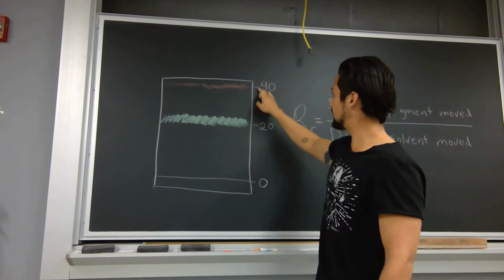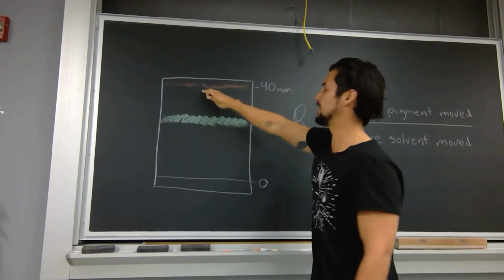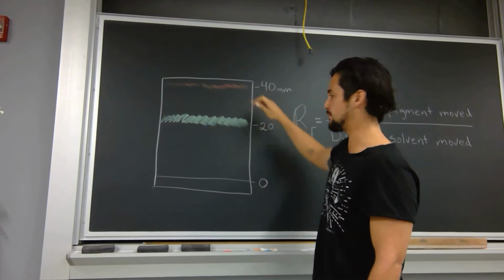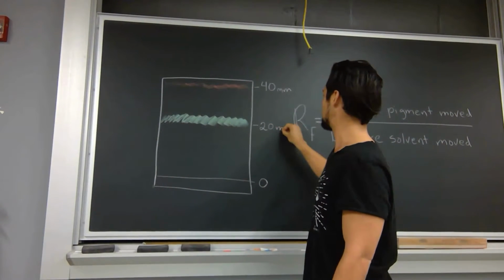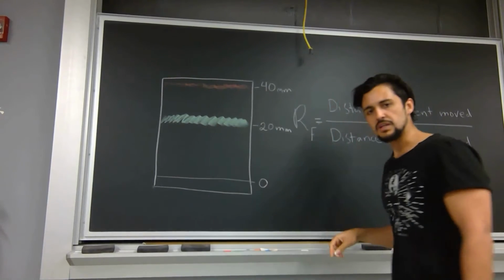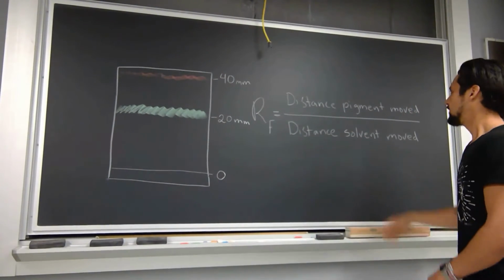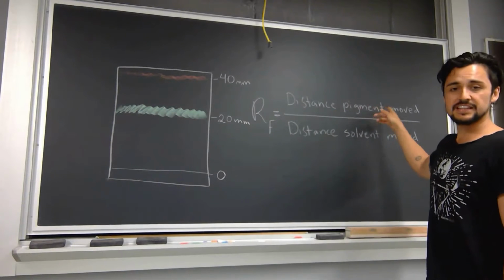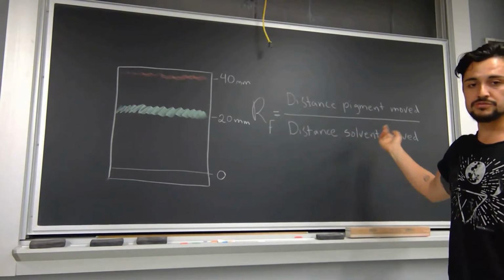In this example, I put 40, let's say it's millimeters for the solvent running to the top of the paper. And then for this example pigment, we'll say that went up 20 millimeters. So to get your RF value, you're going to divide the distance that the pigment moved by the distance that the solvent moved.